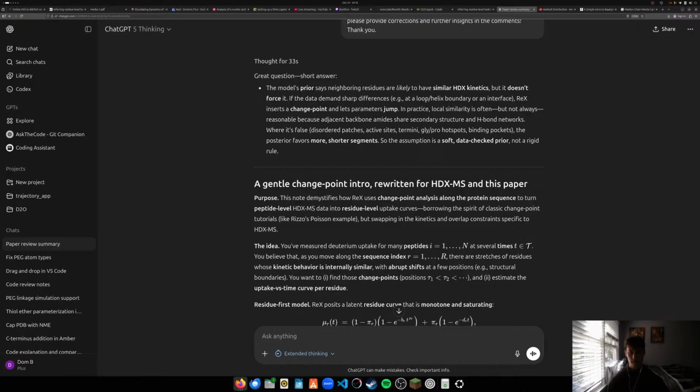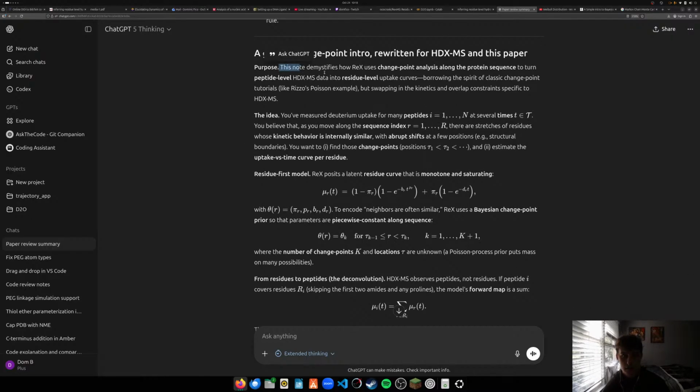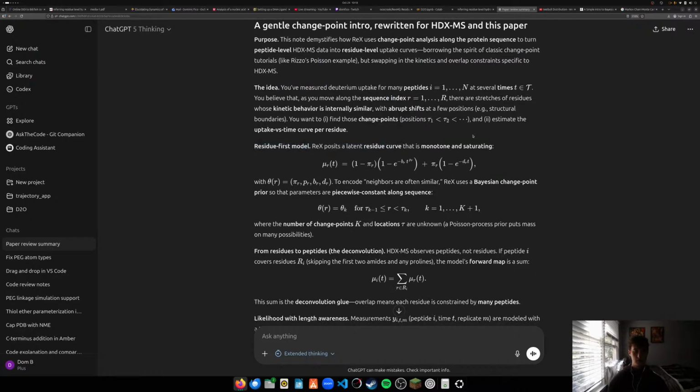Written for this purpose. The note demystifies this, borrowing the spirit of classic change point tutorials. The idea: you measure deuterium uptake for many peptides several times. You believe that as you move across the sequence index, there are stretches of residues where the kinetic behavior is internally similar with abrupt shifts at a few positions.